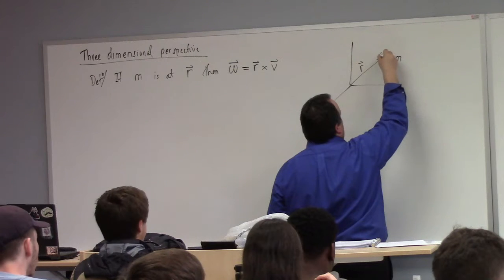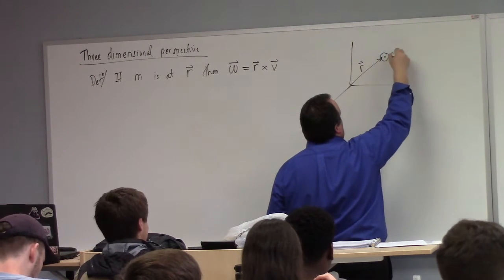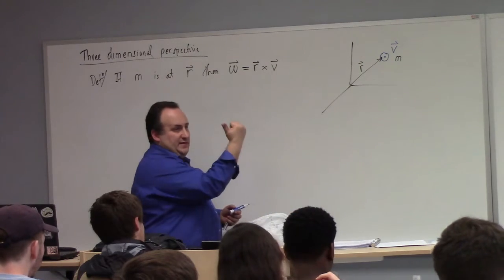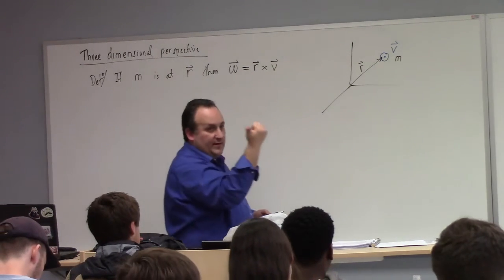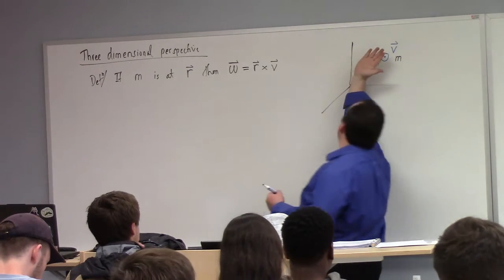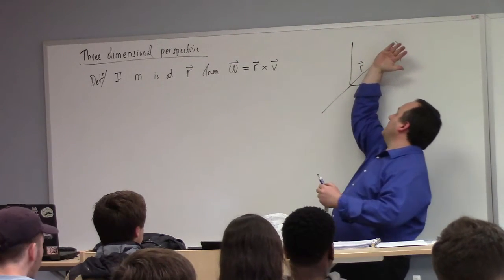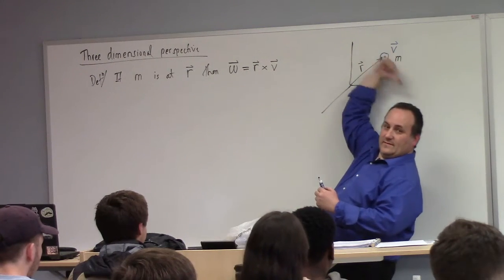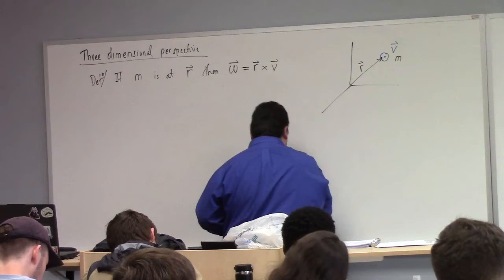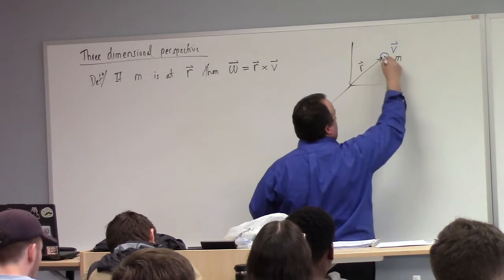I should make this picture. So that means the velocity is coming at you. So right hand rule, r crossed into v like this. So in this context, that would put my omega vector like this.